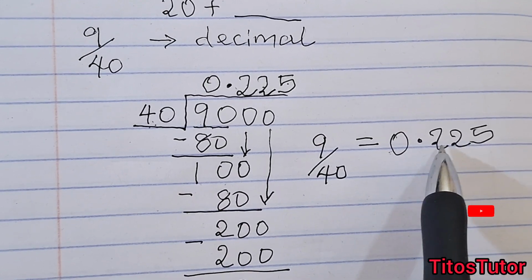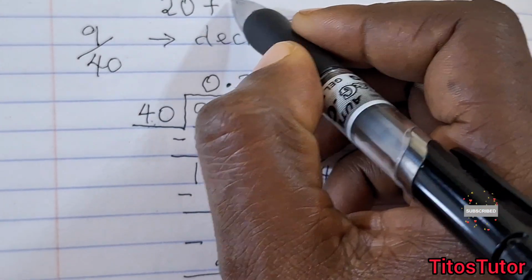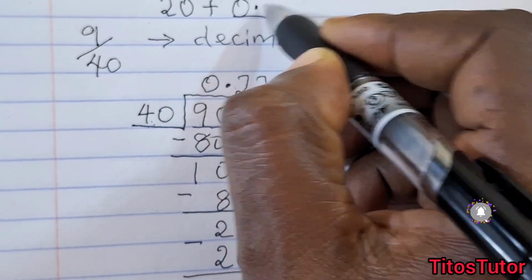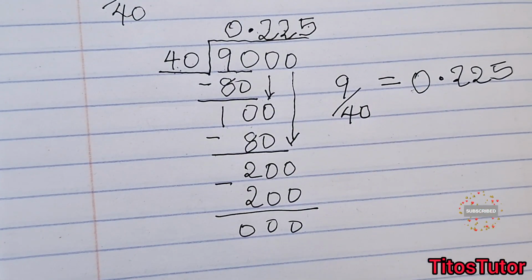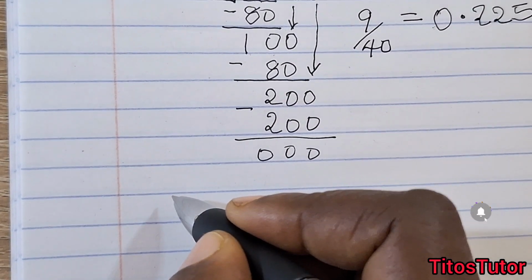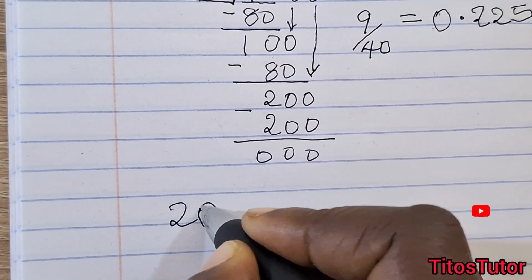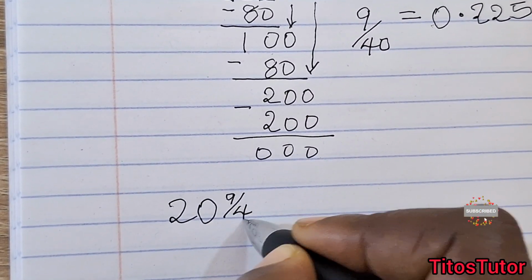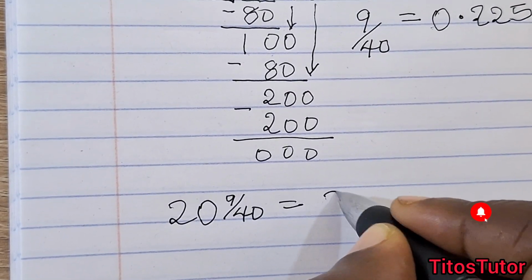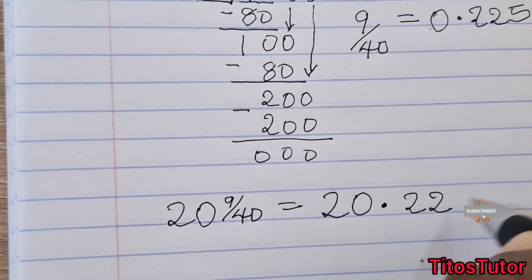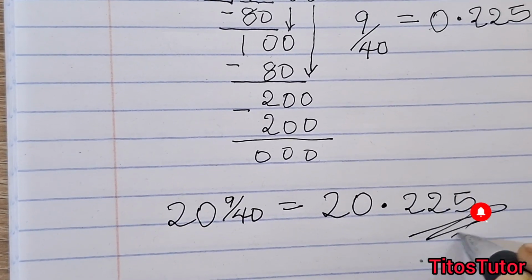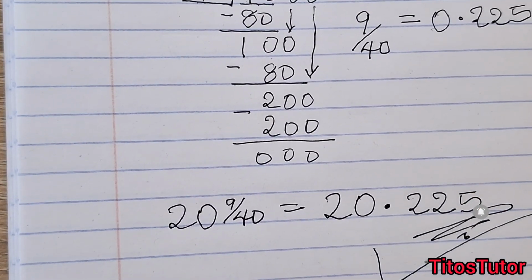Then plus 0.225. Final answer. 20 whole number 9 over 40 is the same as 20.225, and I am done.